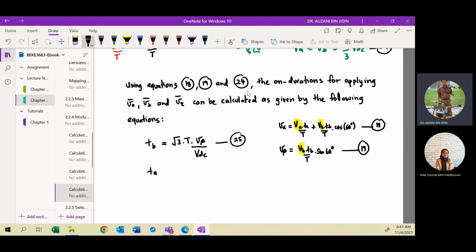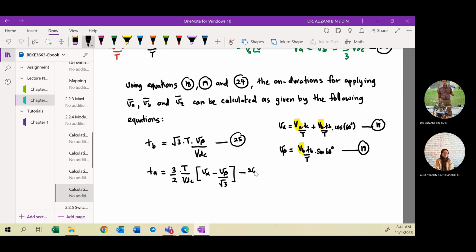So you apply these three equations, 18, 19, and 24, and you can solve for TA. Root 3 over 2 VDC, you multiply by the difference between V alpha and V beta divided by root 3. So this is equation 26. And the time taken for applying zero vector is the difference between the sampling period and the summation of TA and TB.